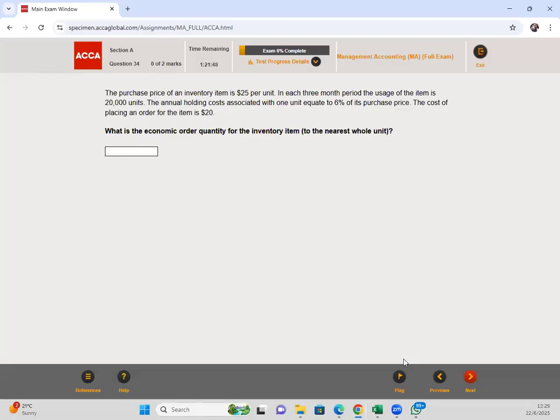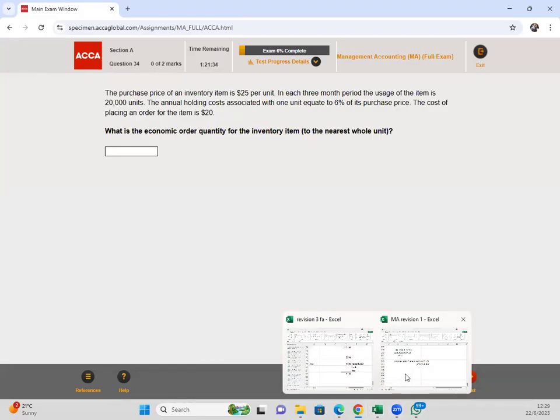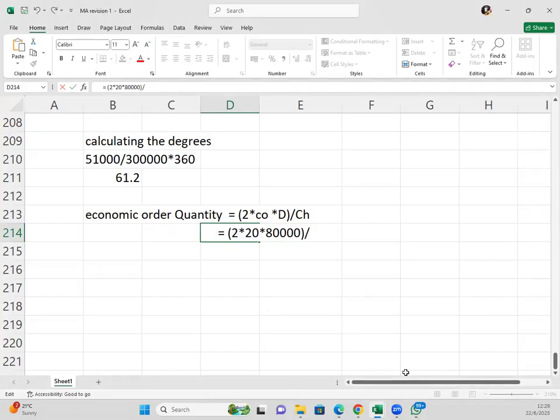So how much does it cost to hold each unit of inventory? The question says the annual holding cost for each inventory unit is 6% of the purchase price. The purchase price is 25, so the CH is 6% of 25. Can you now simplify this first, then we put it in the square root.